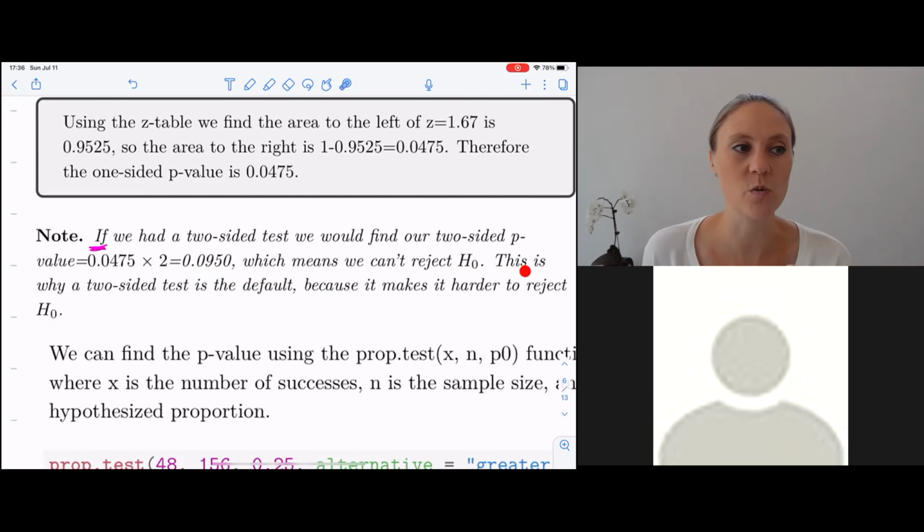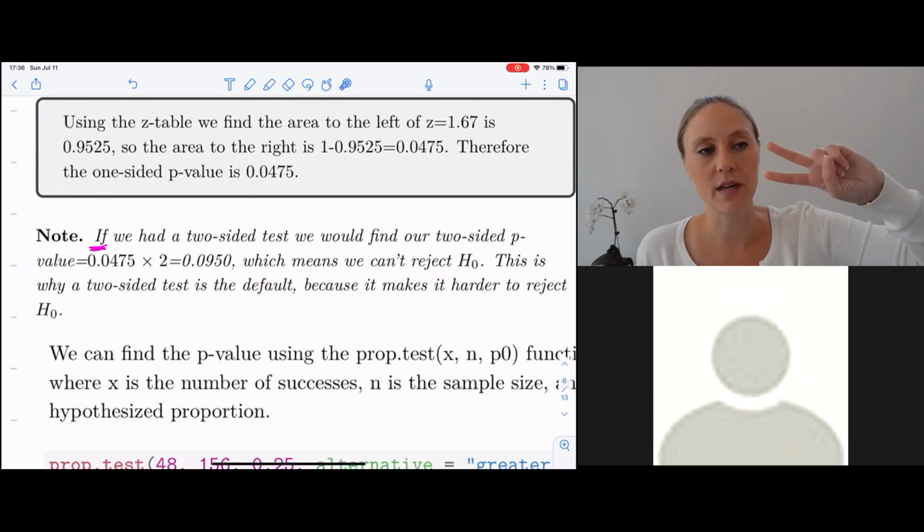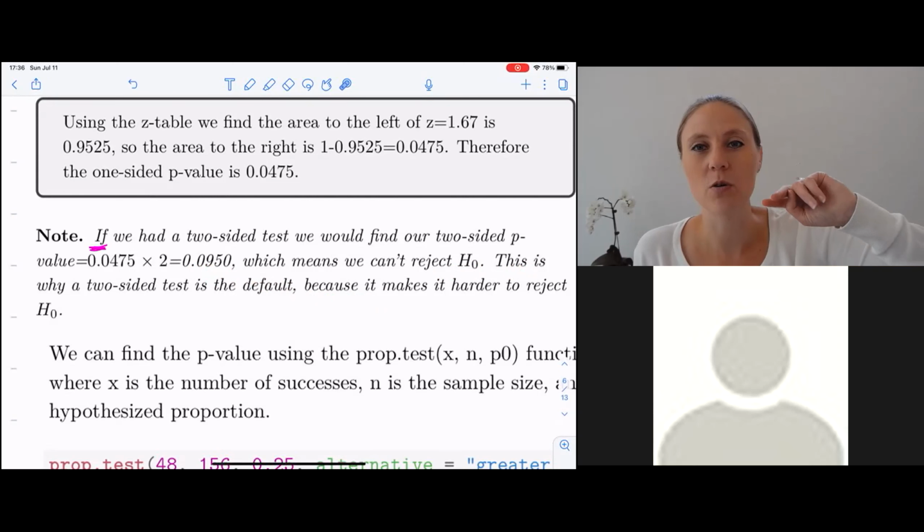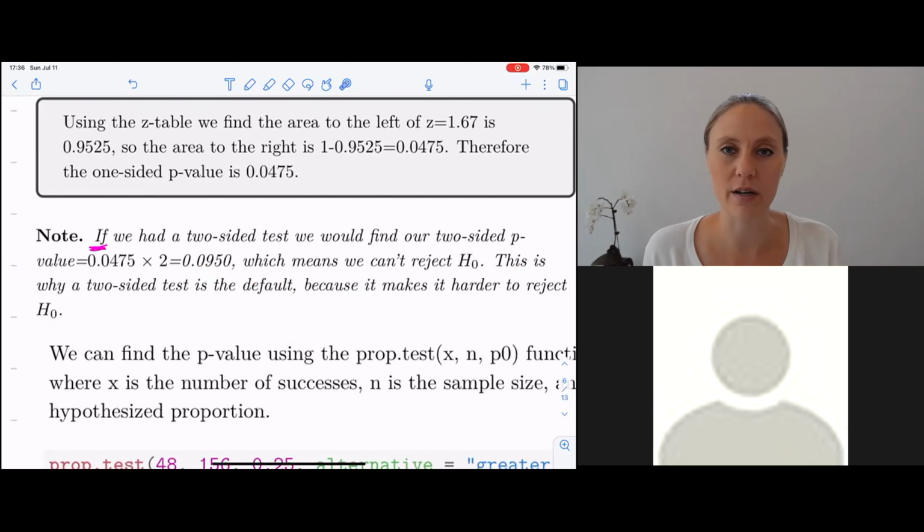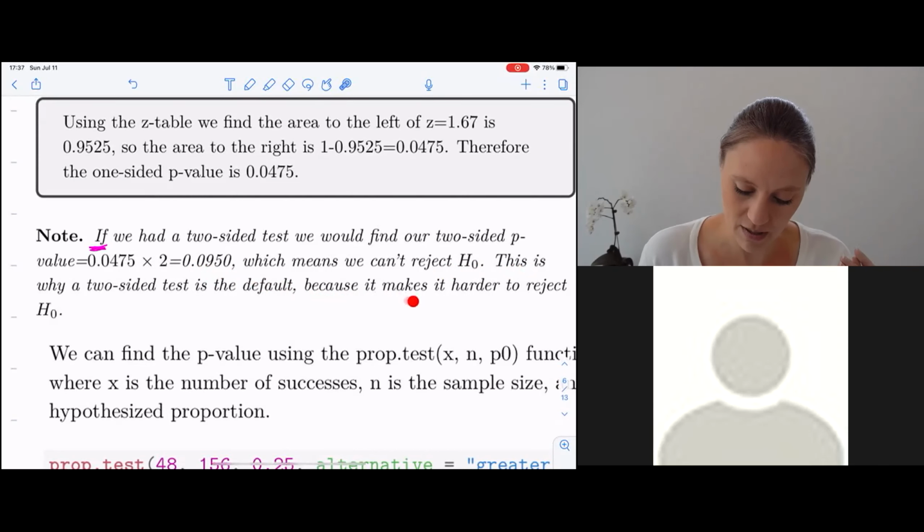So this is why the two-sided test is the default. Remember on the formula sheet, I've got the not equal to as the default in the alternative hypotheses. The reason is that it makes it harder to reject H naught.